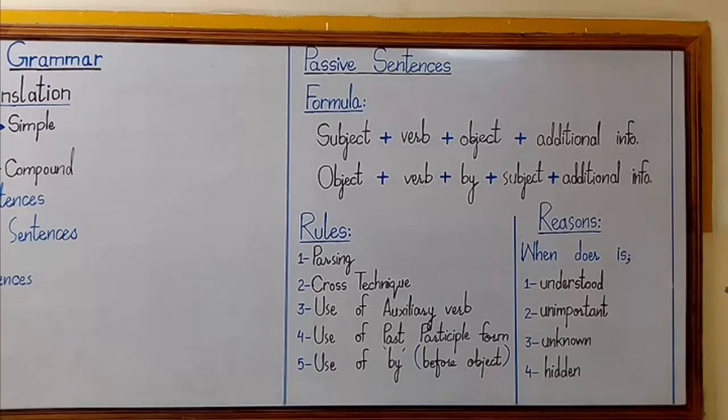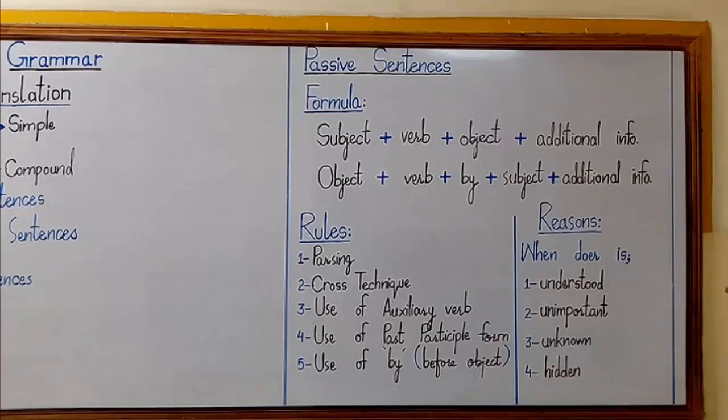But if you go back, you will retrieve it in your list of videos of this series. Parsing means identifying subject, verb and object in a sentence, which means subject, doer of action, and object, receiver of action. When you identify subject, verb and object, all these 3 elements of the sentence individually, then you can do the second rule.